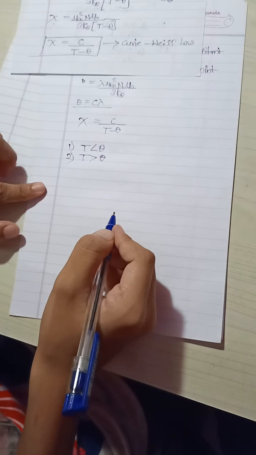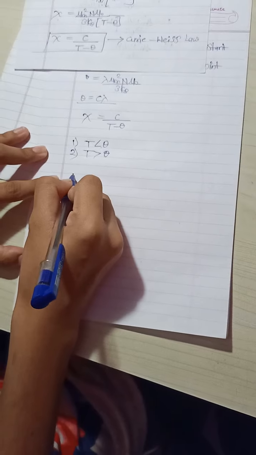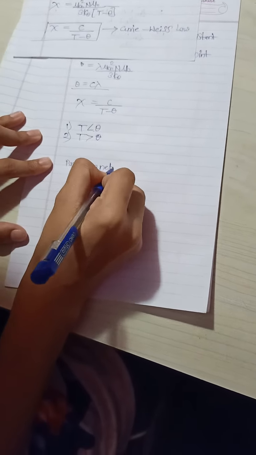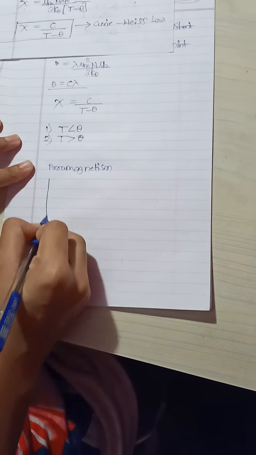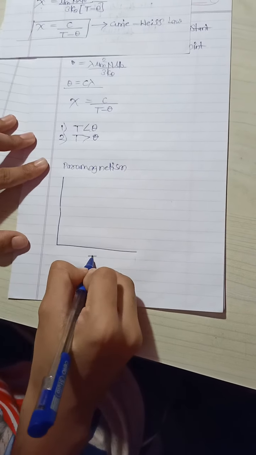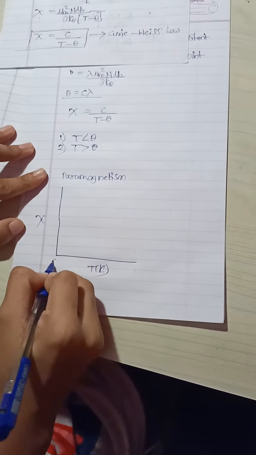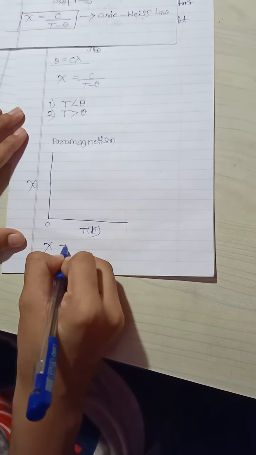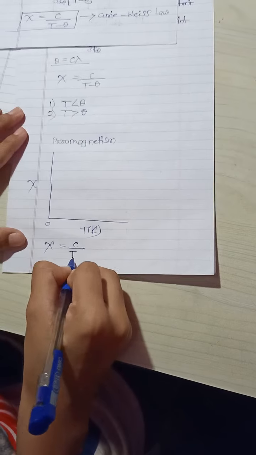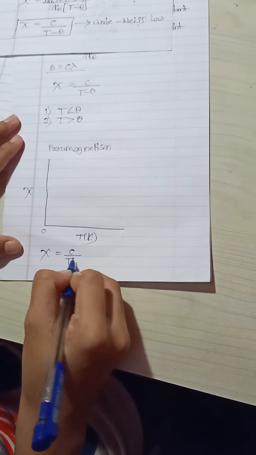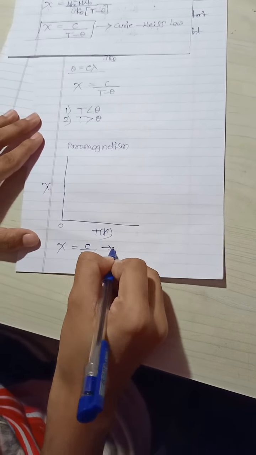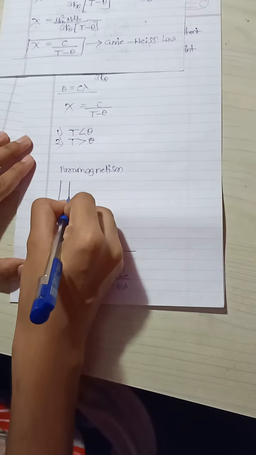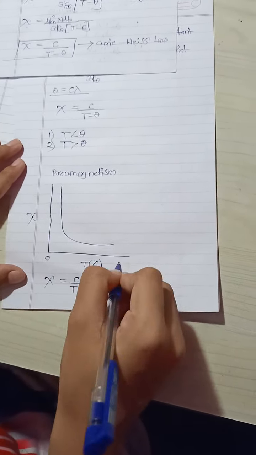Then we see the graph for paramagnetism and ferromagnetism. For paramagnetism, we see the susceptibility psi versus temperature in Kelvin. We know the formula for psi is equal to C upon T. This formula is for the Curie law, and we see the graph as this curve.